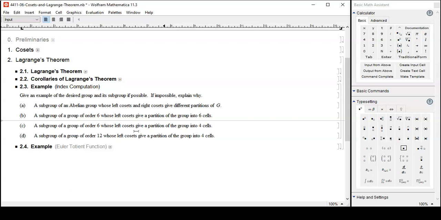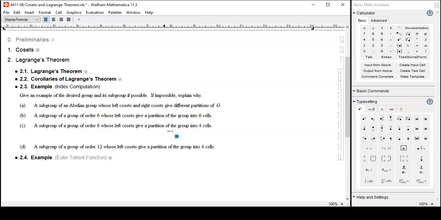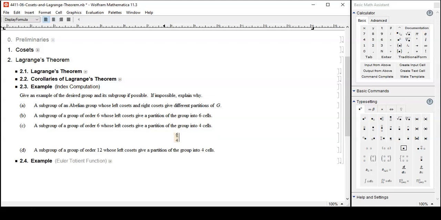How about C: a subgroup of a group of order 6 whose left cosets give a partition of the group into 4 cells. Okay, Lagrange's theorem says 6 divided by 4 is 3 over 2, which is not an integer, so it's not going to work.